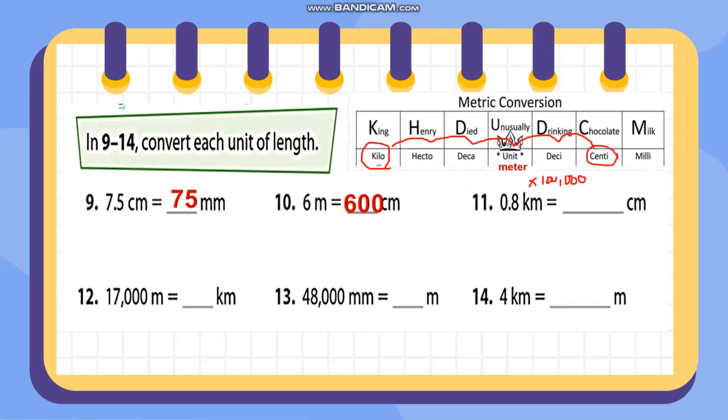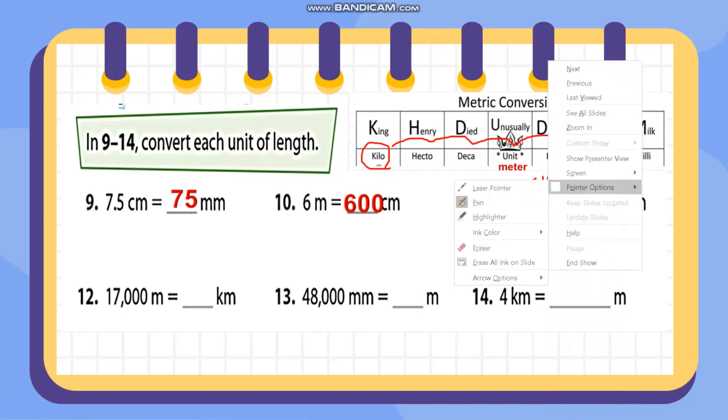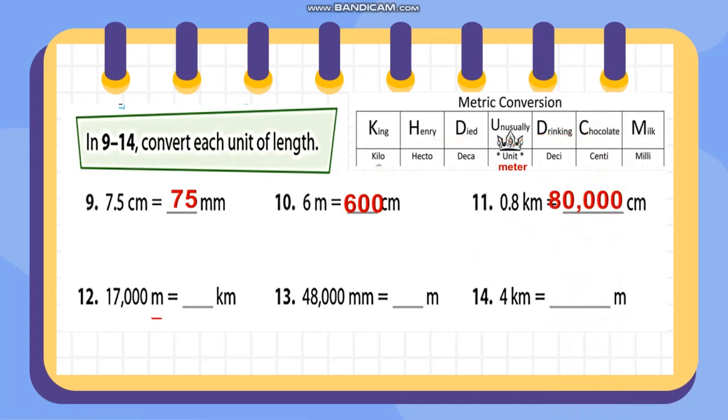So 100,000 multiplied by 0.8, the answer is 80,000. Next, meter to kilometer. So meter, this is your meter, to kilometer. It means going backward. So from a smaller unit to bigger unit.